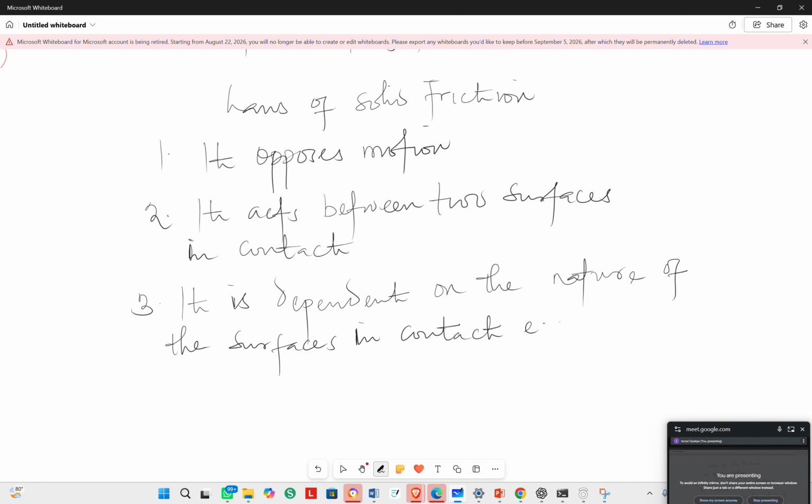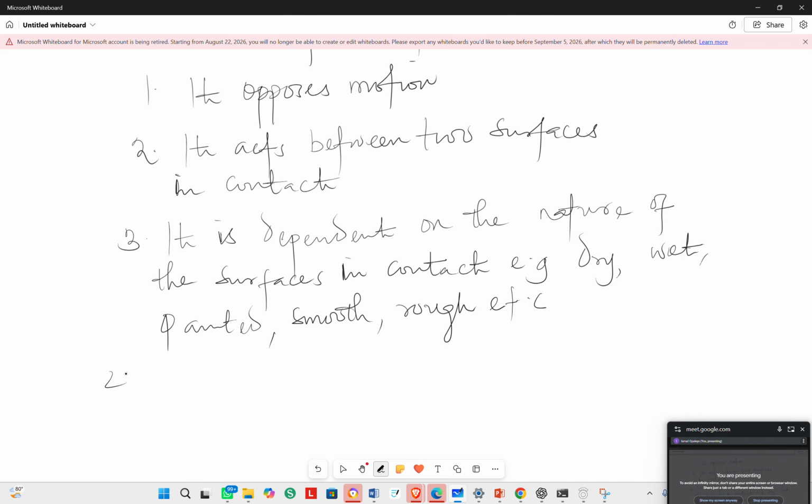So what is the nature? E.g., a surface may be dry, wet, or painted, a surface may be smooth, or rough, etc.